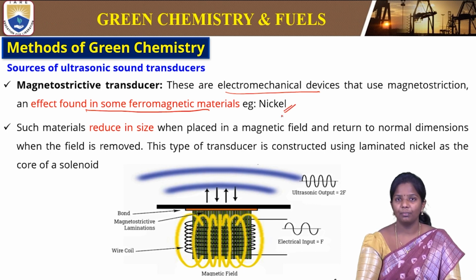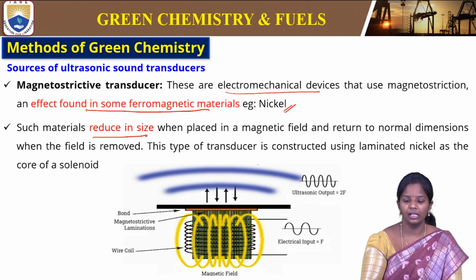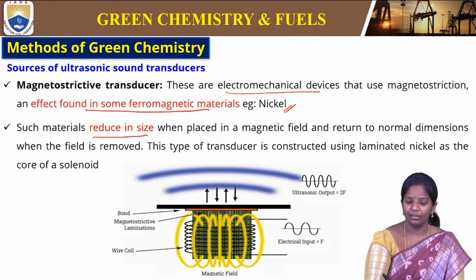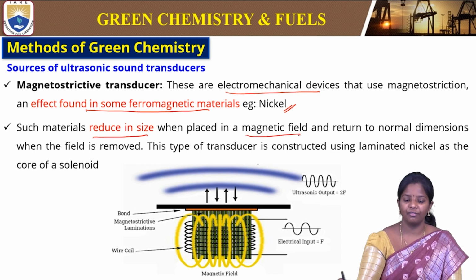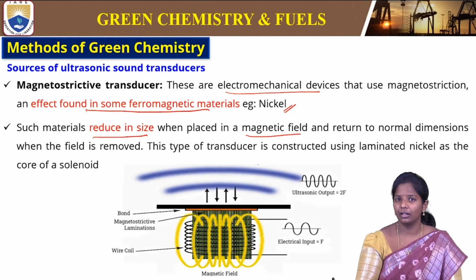This will help in producing the required output of energy for the synthesis. Such materials reduce in size when placed under a magnetic field. So whenever nickel is placed in a magnetic field, it will reduce in size and return to its normal size when the magnetic field is removed.